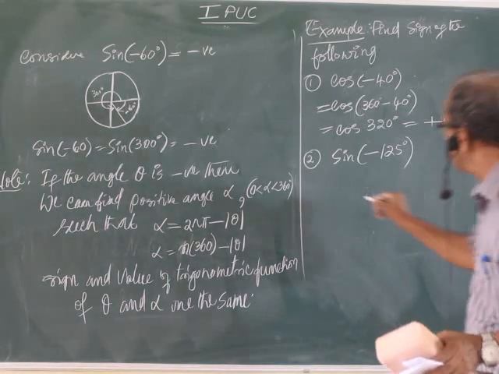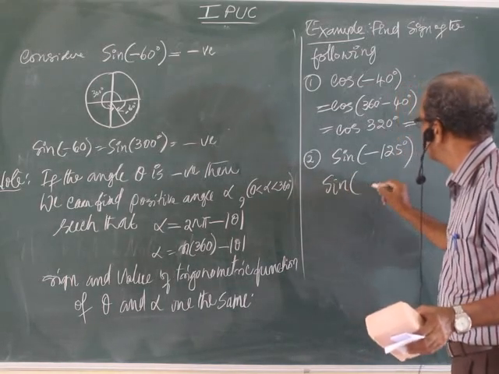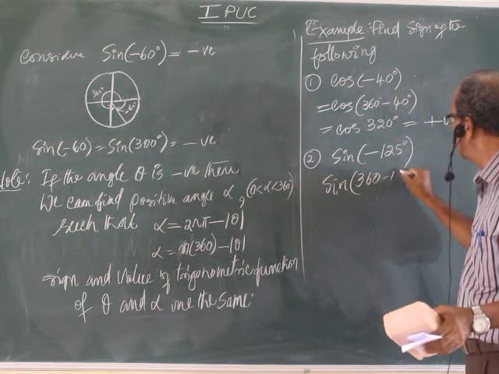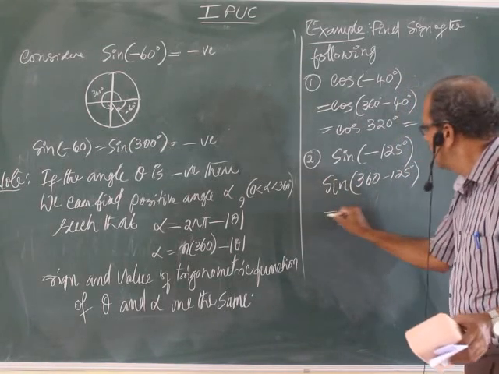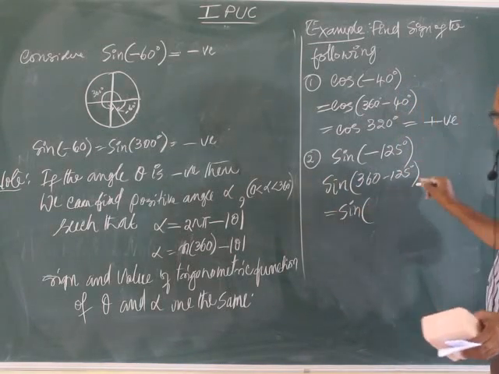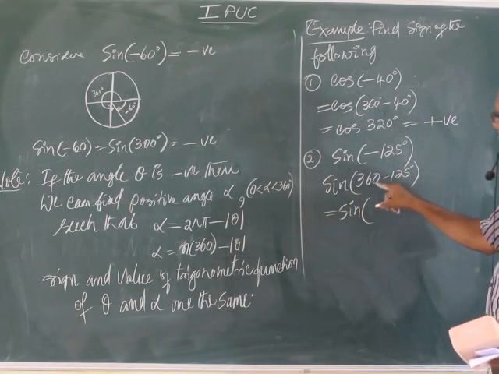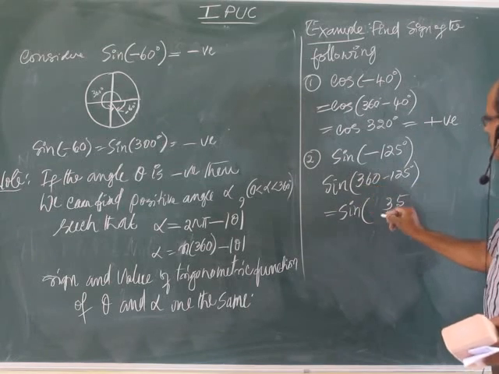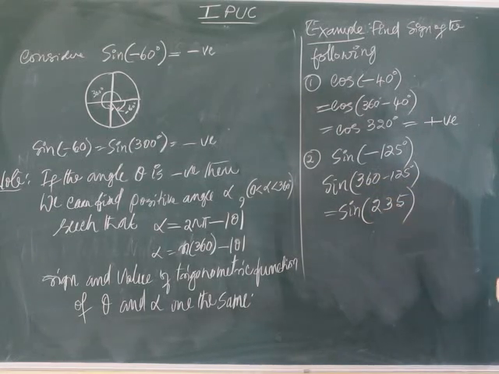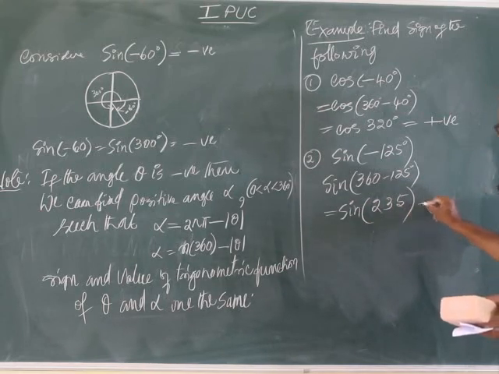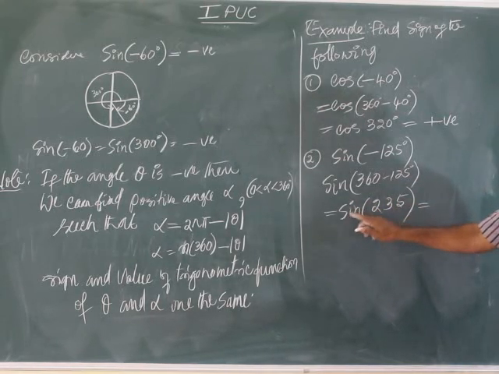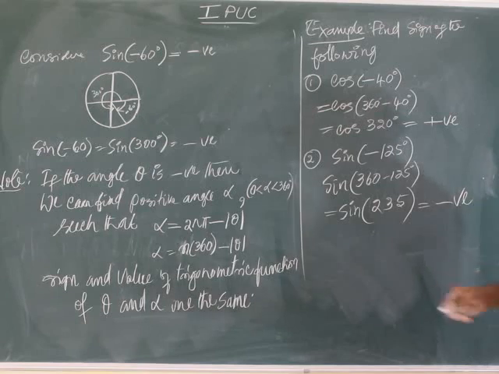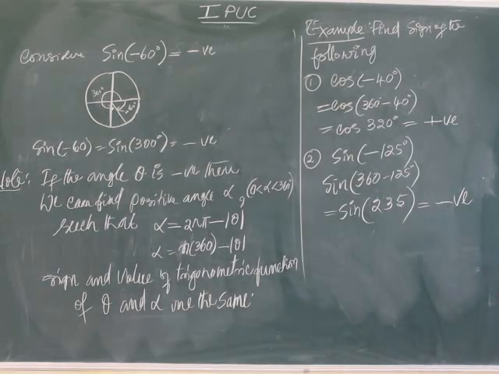First of all, let me subtract this. 360 minus 125, that is 235. Correct, no? 235. This one is in the third quadrant where sine is negative. Just see the trigonometric ratios of the function.